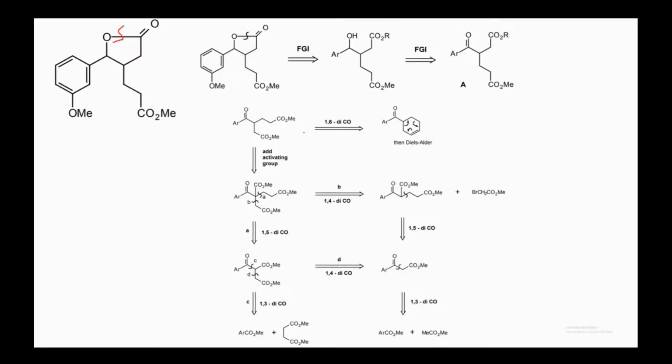Then we do reconnection 1,6 to get this, or add an activating group, and then do 1,4 dicarbonyl disconnection to give you this, or you can do a route this way, 1,5 dicarbonyl to get you this, or you can do 1,5 dicarbonyl this way, and then 1,3 and 1,3.